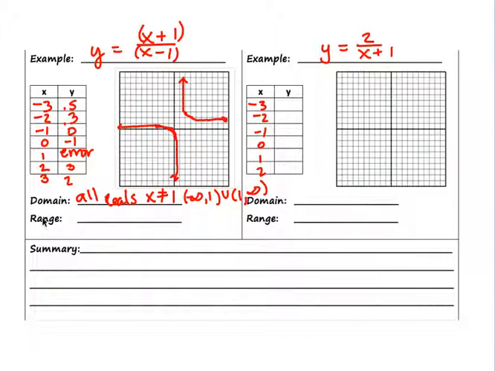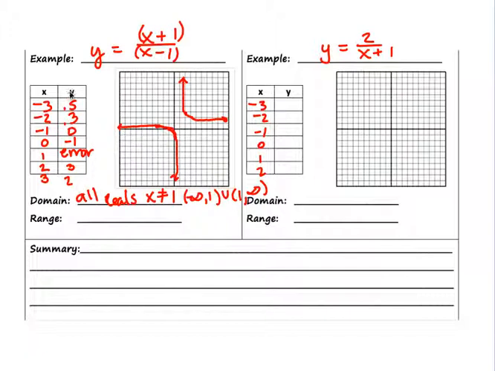Now, a little bit different for the range. Really, you're going to have to just look at the graph. I mean, there's an algebraic reason for this, but for now, I just want you to investigate the y values and just look and see if there's a number it's getting really, really close to, but never actually reaching.